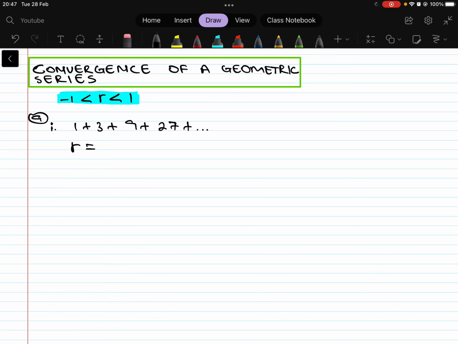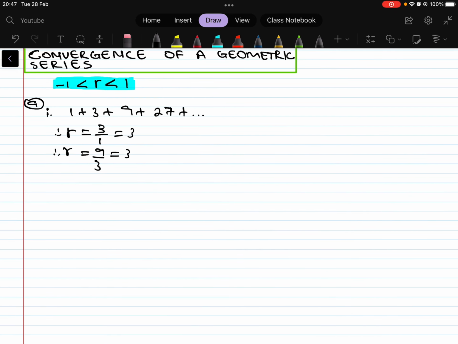For this series, what is R? R is, we can do term 2 divided by term 1, which is basically 3. Or you could calculate it by 9 divided by 3, which is still 3. However you calculate it, it's fine. So R is actually outside -1 and 1. It's not within that range. Therefore, the series does not converge.